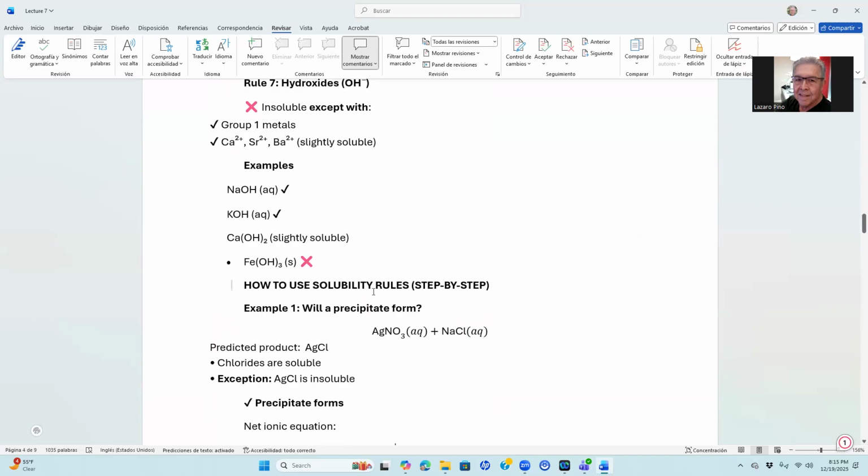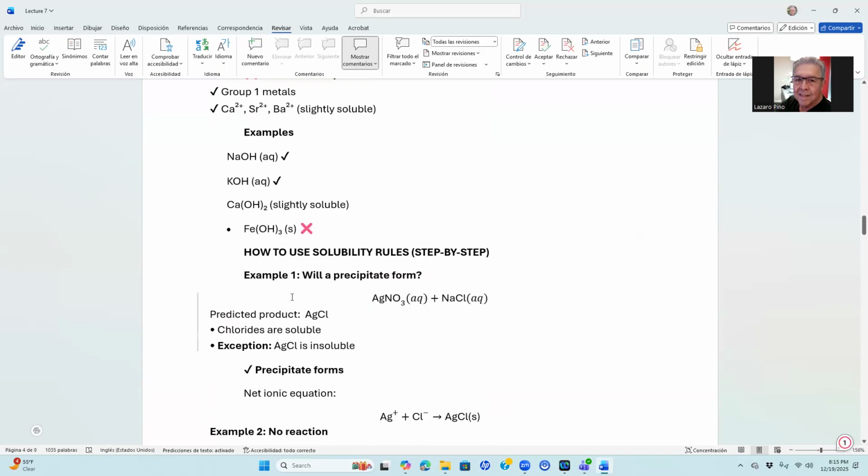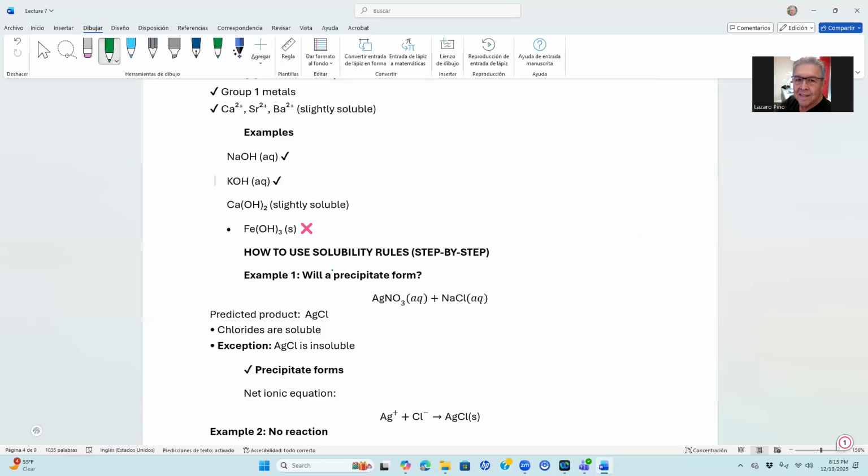Then, how do we use the solubility rules step by step? Let's begin. For example, will a precipitate form in this reaction? What are you supposed to do? Look at this. This is a double displacement reaction.